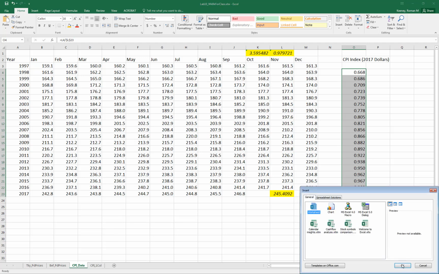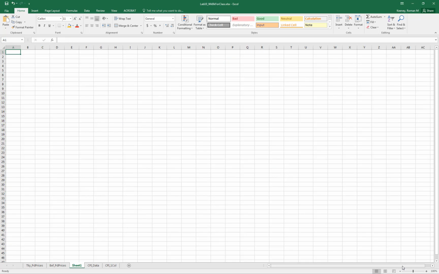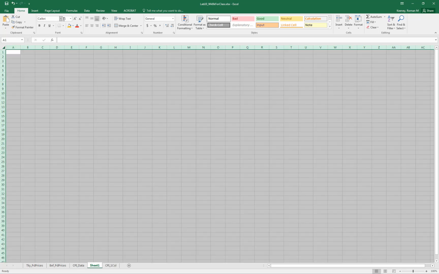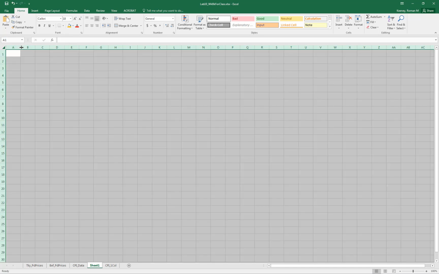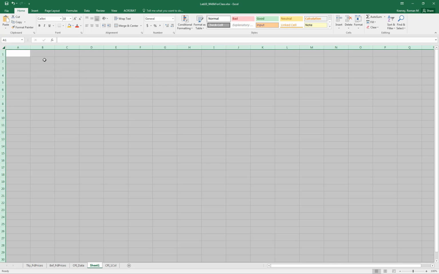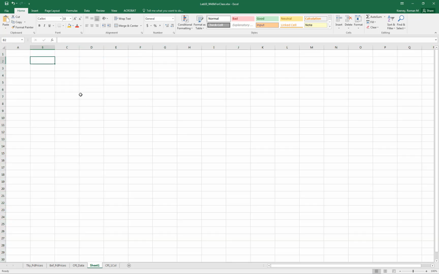Okay, so our last step then is to just create a new sheet. So I did insert worksheet. I'll move it there. I want these cells to be bigger so you can see them. Okay, and so what we're going to do is make a set of columns here.